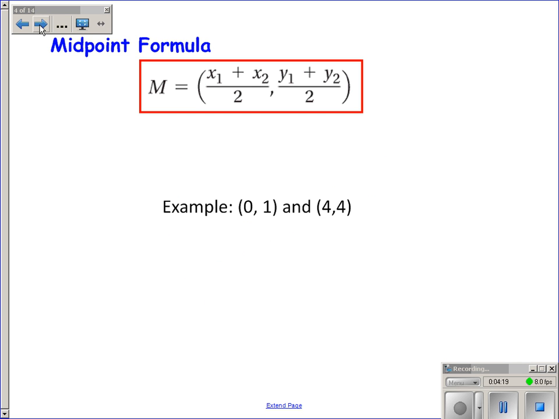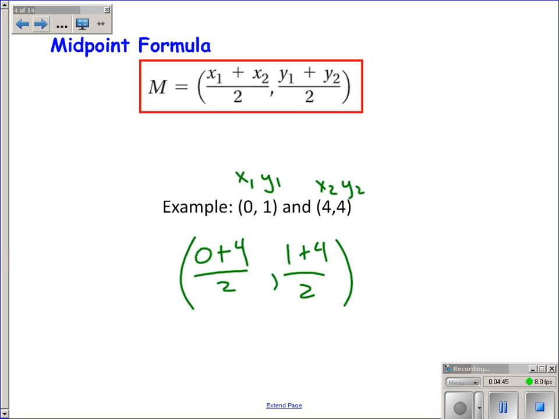Okay, the midpoint formula we've talked about briefly in chapter 4, but I think of it as finding the average between the x coordinates and the average of the y coordinates. So I'll call this x1 and y1, x2, y2. I'll find the average of the x's, add them together, divide by 2, and the average of the y's.